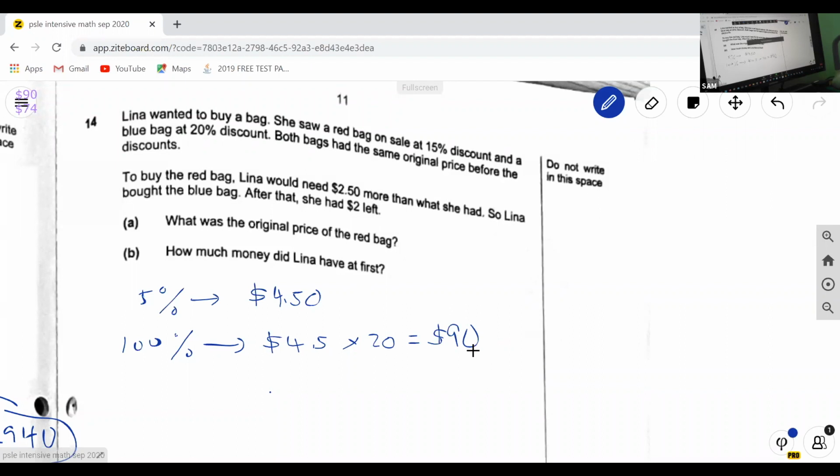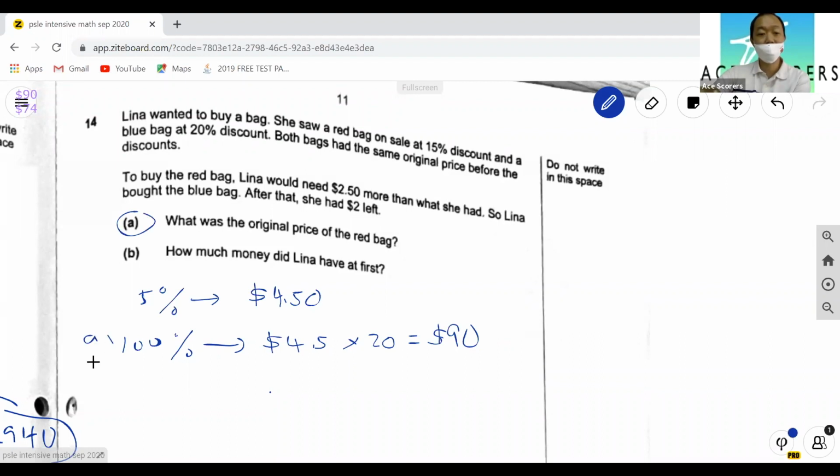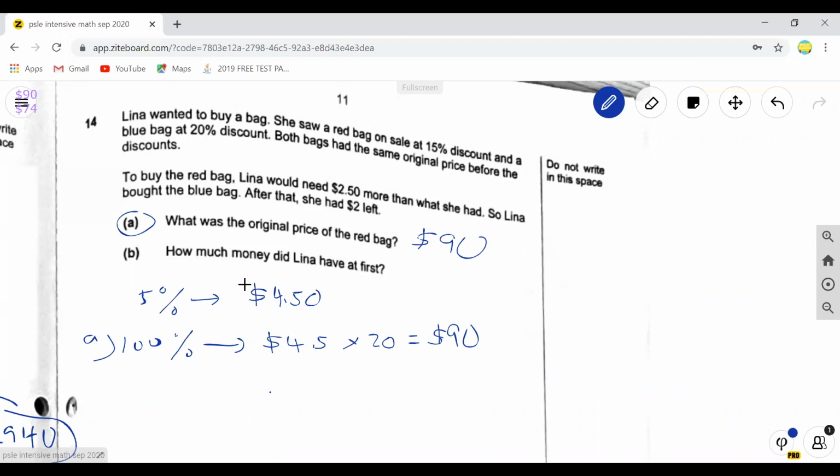I don't know. So $90, right? So 100%, that's part A. Am I correct? Yeah, 90 is correct. How about part B? For part B, how much money did Lina have at first? Oh, I know how. To buy the red bag, she will need $2.50 more.